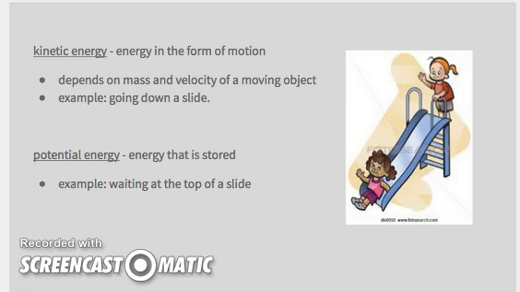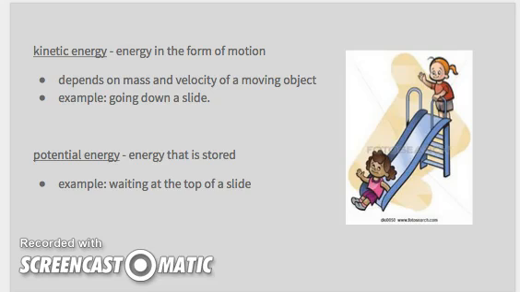Okay, here we go. Kinetic energy. Kinetic energy, by definition, is energy in the form of motion. So another way to say this, we can see if something is moving, if it is moving from one place to another, it's in the middle of its trip, we can say that that object has kinetic energy.